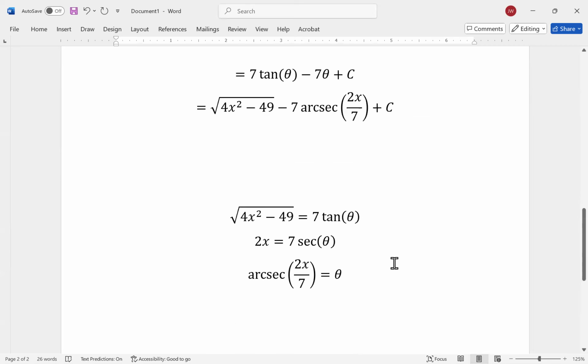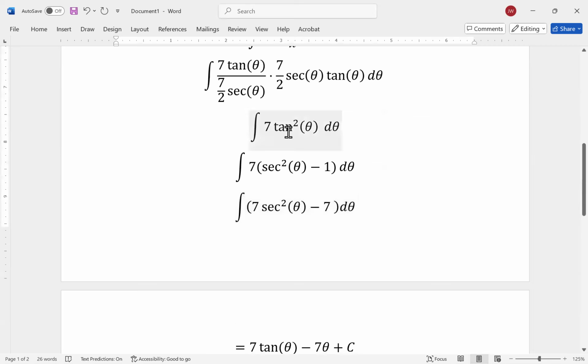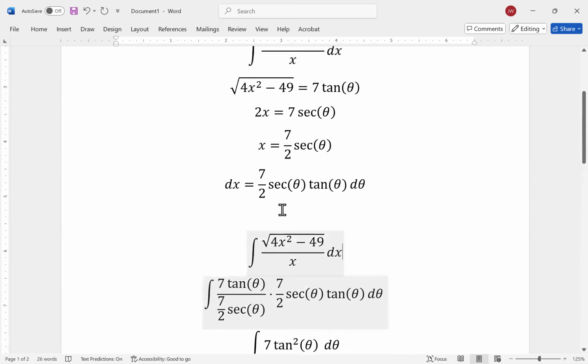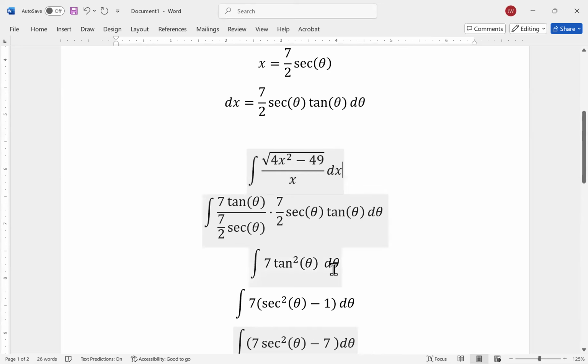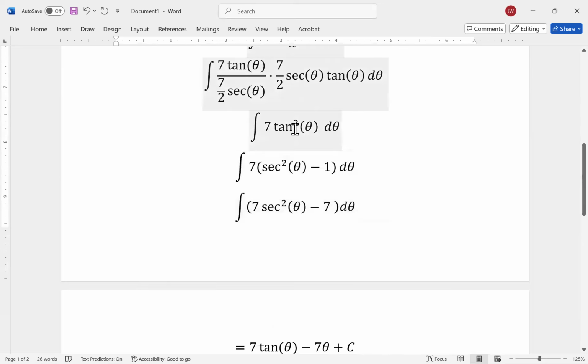So you can see that obviously this integration took me understanding the Pythagorean identity. It also took me understanding the trig substitution. This Pythagorean identity is a really nice trick.